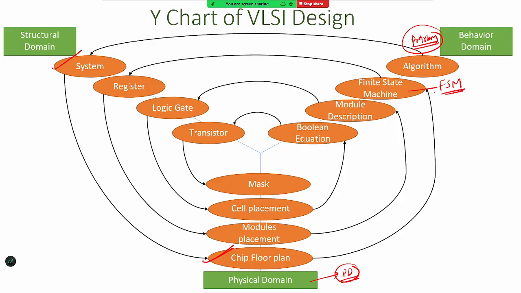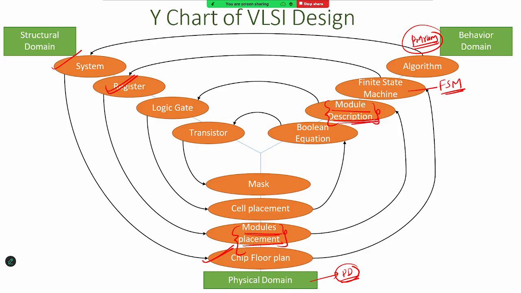After the finite state machine, structural domain, registers, shift registers. And next in the physical domain, what you will get? Modules placement, where the module should be placed. Those placements will come in the modules. And next, in the behavioral domain, module description, meaning how the module is operating.